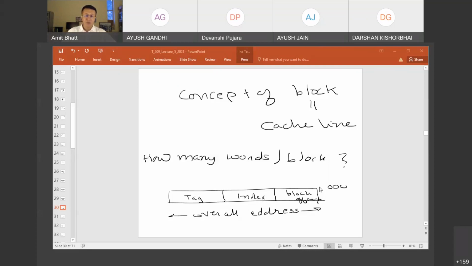So what we do now is here. Initially I told you that we used to divide the overall address into 2 parts, tag and index. The number of bits for the overall address comes from the size of main memory, right?